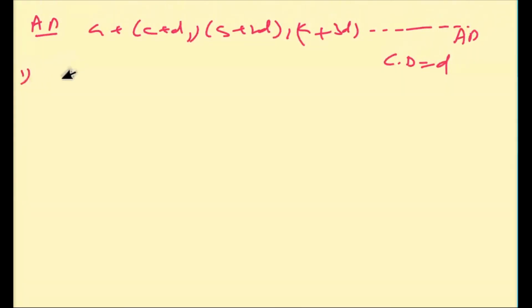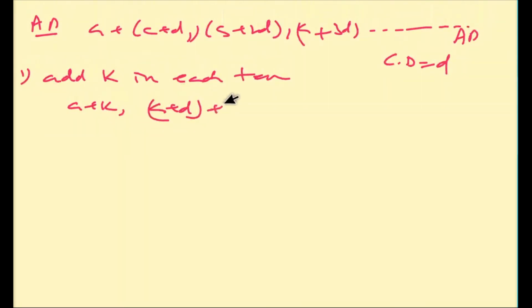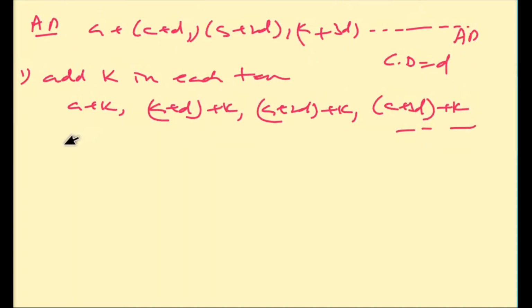Now first add k to each term. What do we get? a plus k, a plus d plus k, a plus 2d plus k, a plus 3d plus k, and so on. Now we can see d equals t2 minus t1.